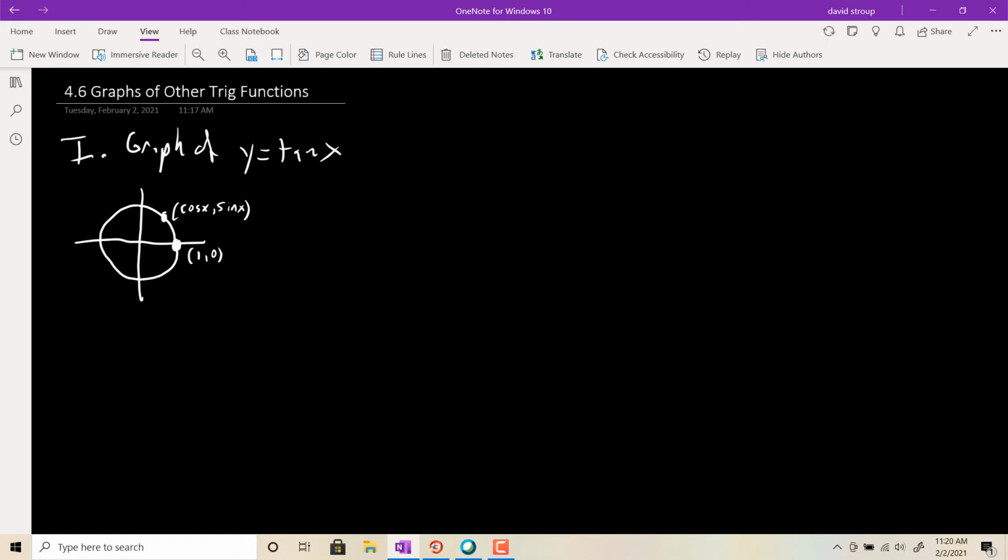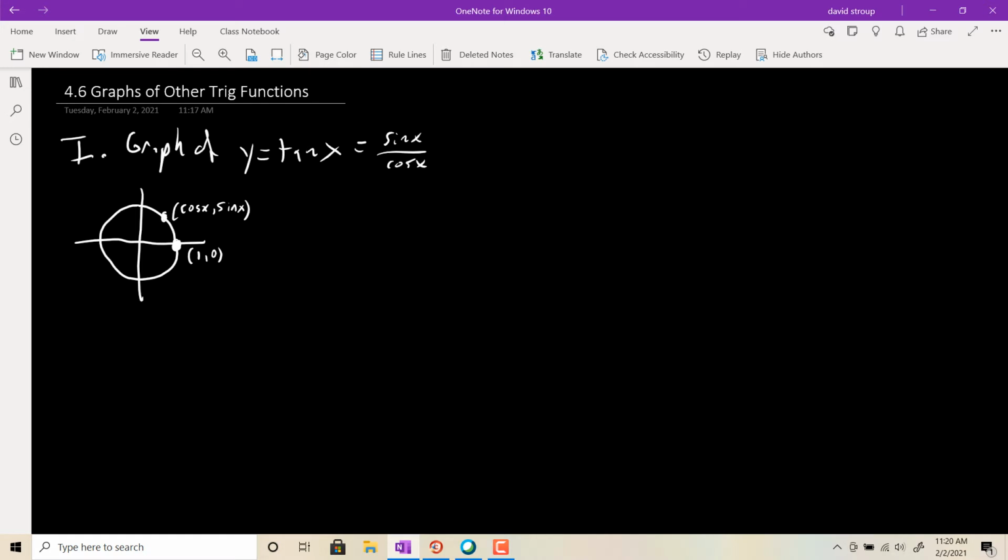Actually, it's sine over cosine. So let's just remind myself here. That would be 0 over 1 in that case, and the output for tan would be 0.